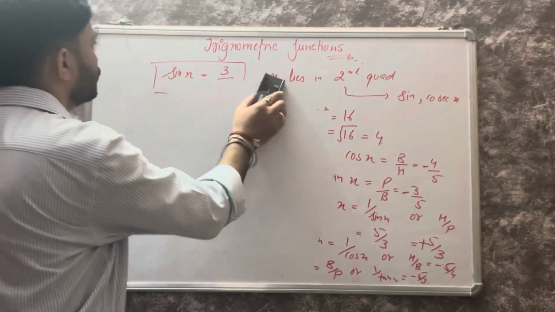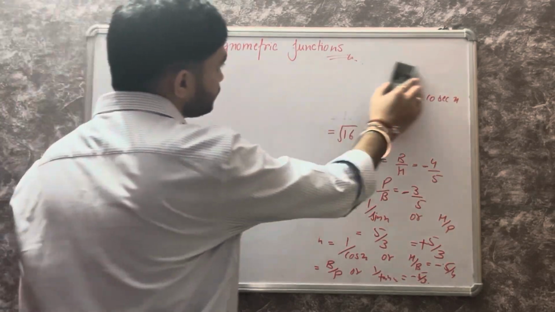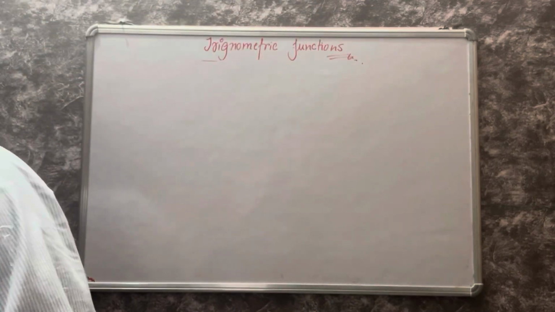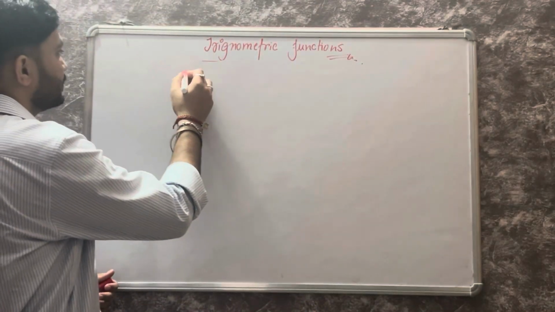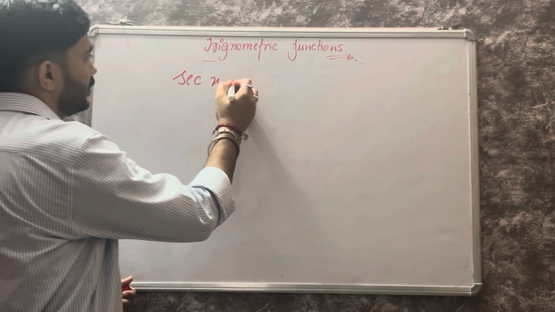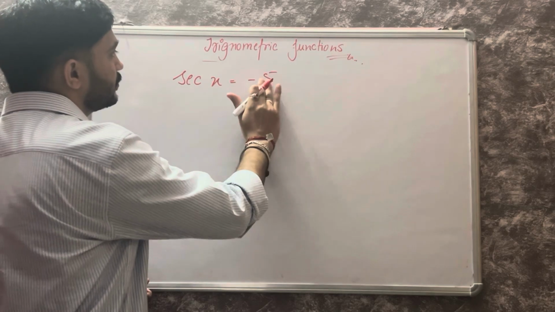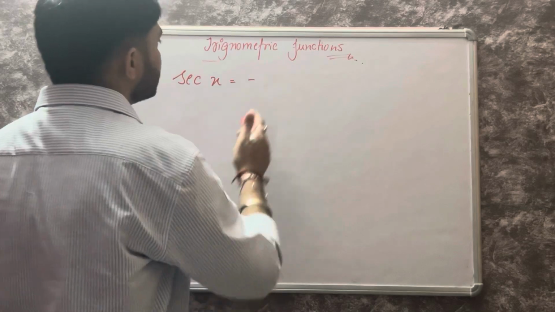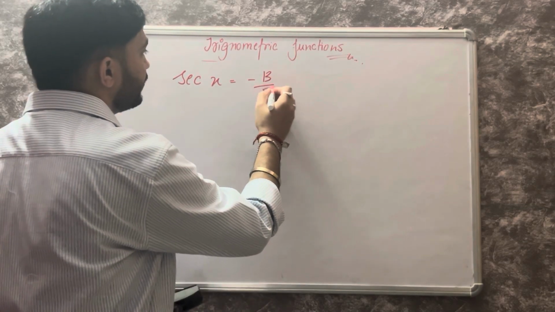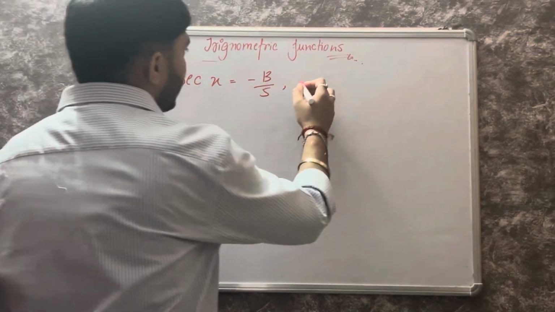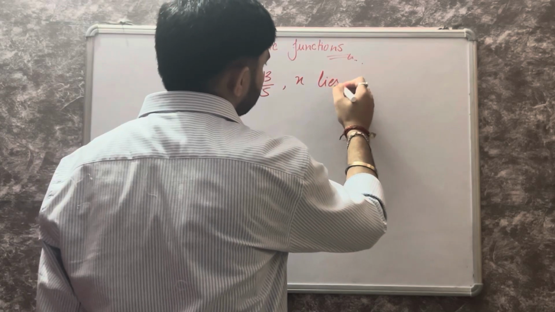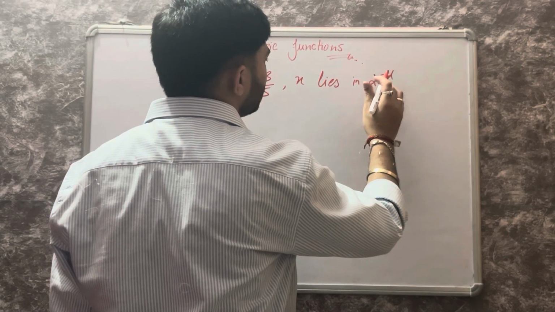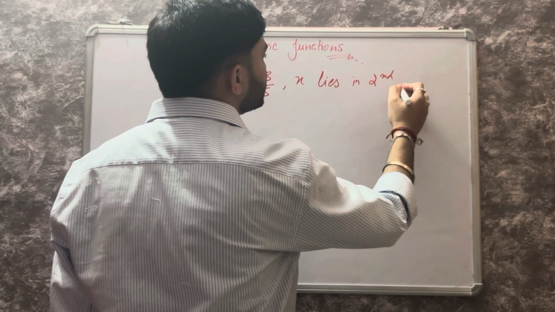Moving on to the next question. The next question is sec x is equal to minus 13 by 5, where x lies in the second quadrant.